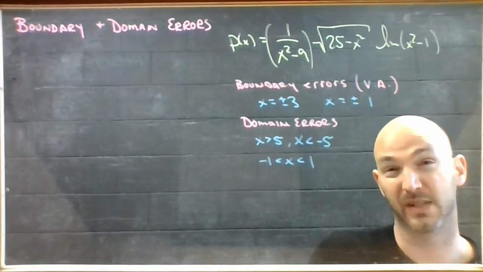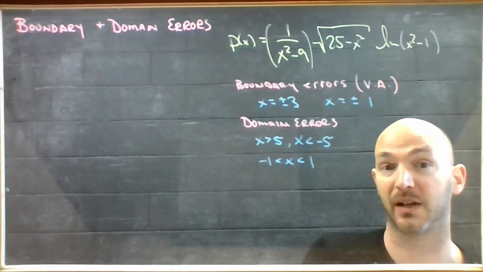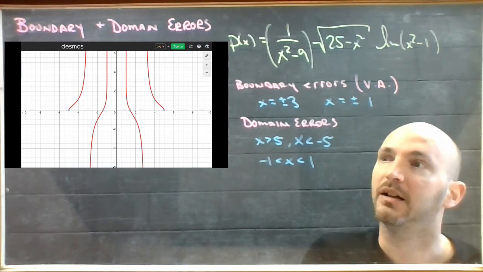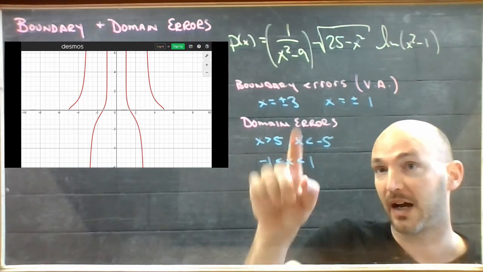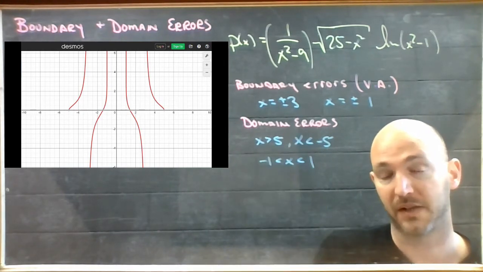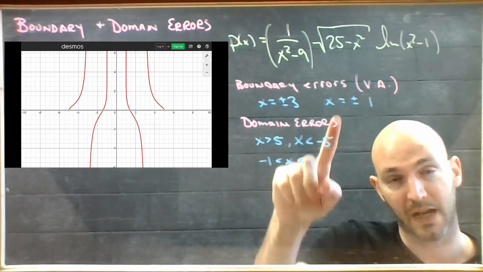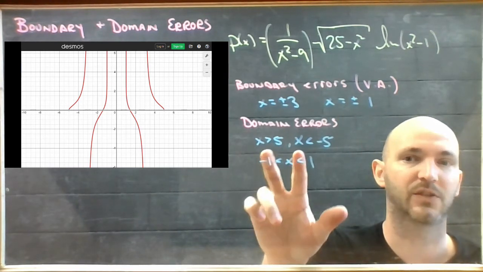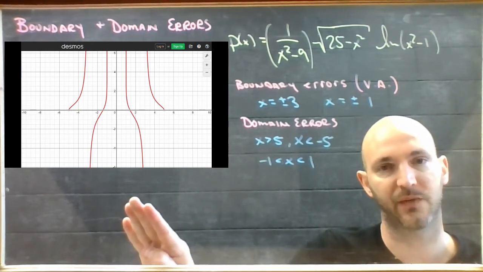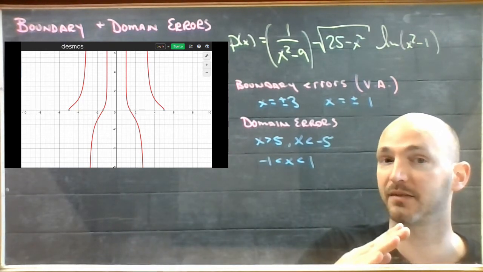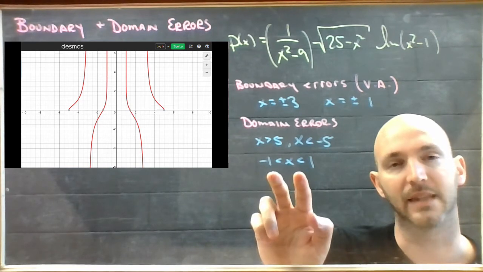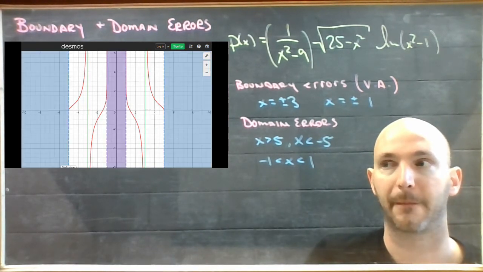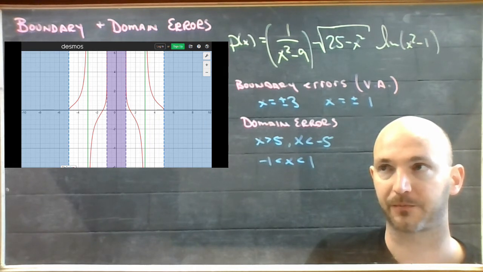So if I were to squint real hard and make it appear on my level 1 technological miracle, you can see boundary errors at plus and minus 3. You can see boundary errors at plus and minus 1. And you can see that the function does not proceed beyond -5 on the left or above +5 on the right, and that it has that same hole between -1 and 1 due to the logarithm.